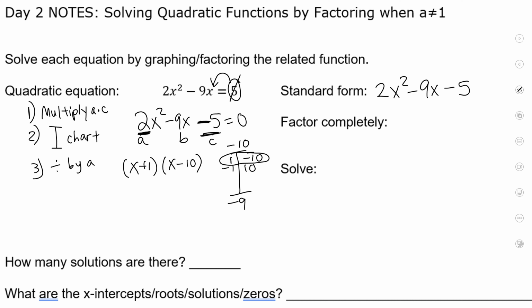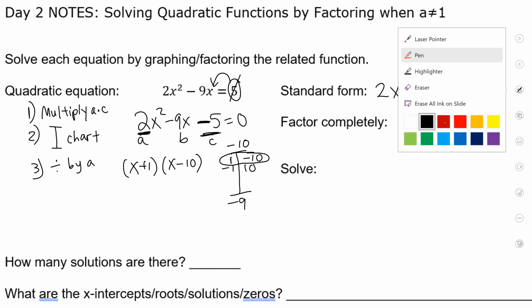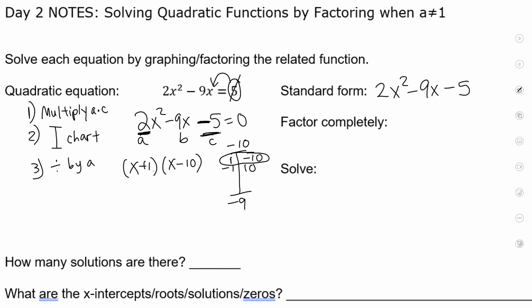What was our a value? 2. So my next step is I'm going to divide this number by my a value and this number by my a value. What should you always do to fractions? Simplify them. Yes. So number 4, I'm going to put simplify.